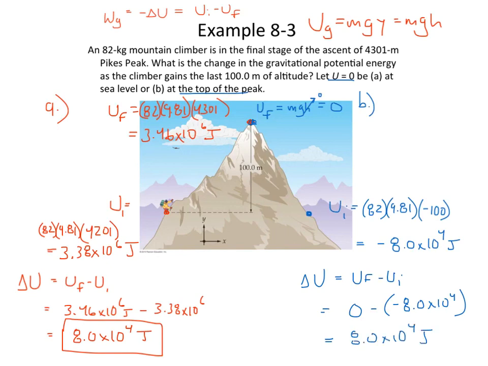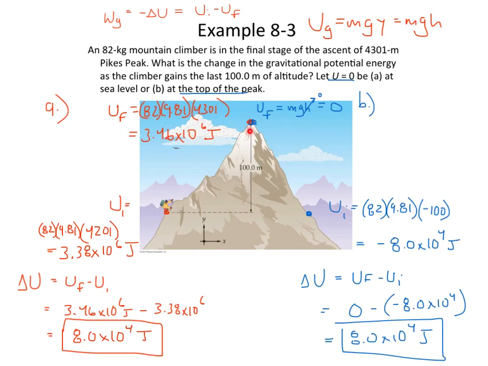So the change in potential energy from here to here is the same regardless of what your coordinate system says is base level. Remember in part A we said let base level be all the way down to the ground right here. In part B we said let base level be at the top. It doesn't matter. You are working against gravity, and so you are increasing your potential energy the same amount regardless of where you start your coordinate system.